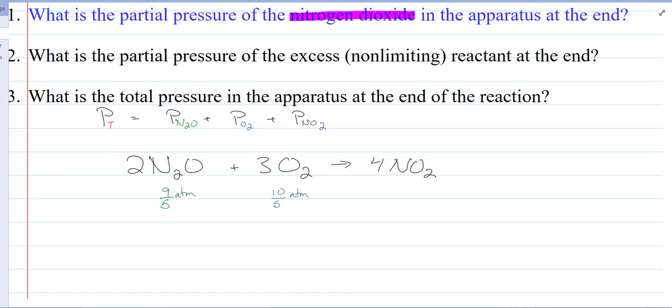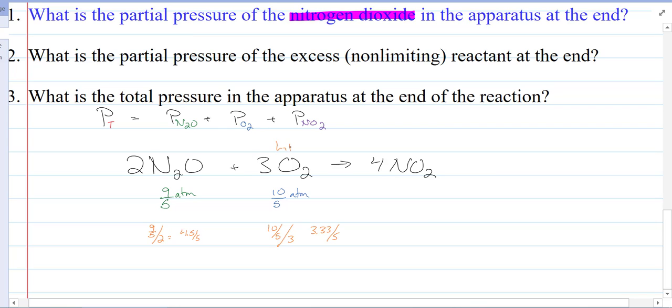All right, limiting reactant. So who is the limiting reactant? Well, 9/5 divided by 2 would be 4.5/5, and 10/5 divided by 3 is 10 divided by 3, what, 3 1/3? 3.33 fifths.